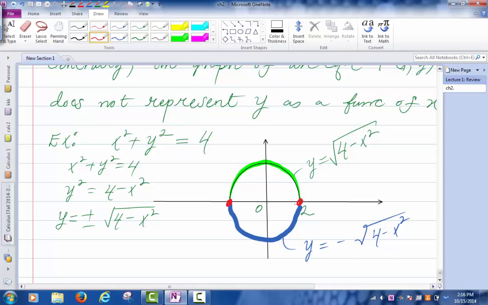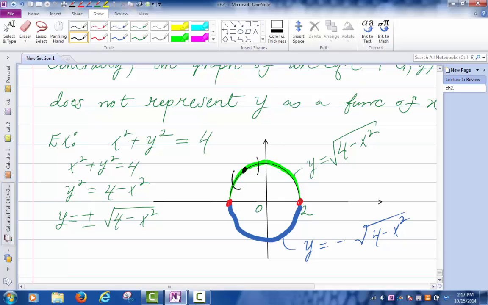So notice that not only can I break up the circle into 2 parts where each part is a function, if I pick any point on the curve except for the red points, I can always find a part of the curve containing that point where y can be viewed as a function of x. Is that making sense? If I pick any point on the circle except for the red points, I can find a part of the circle around that point where y can be viewed as a function of x.